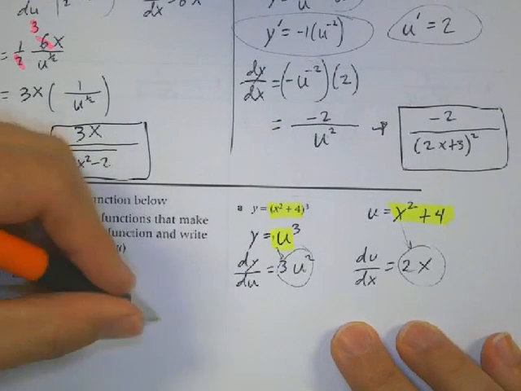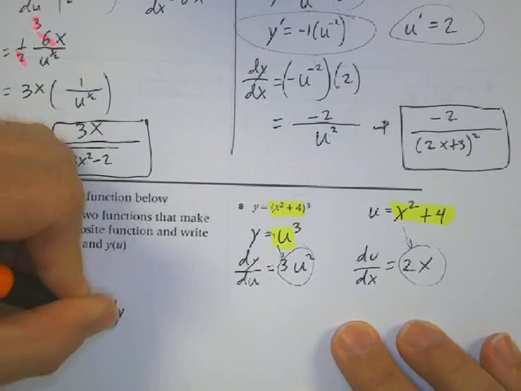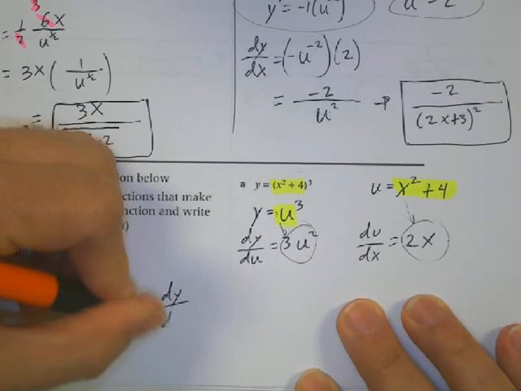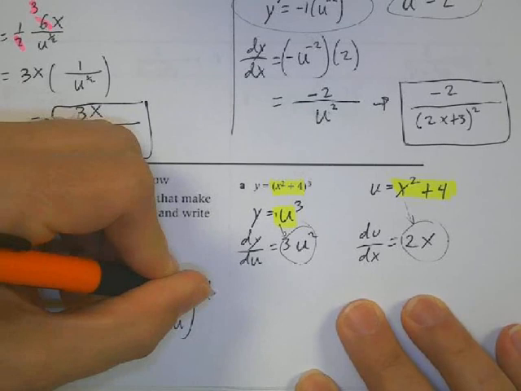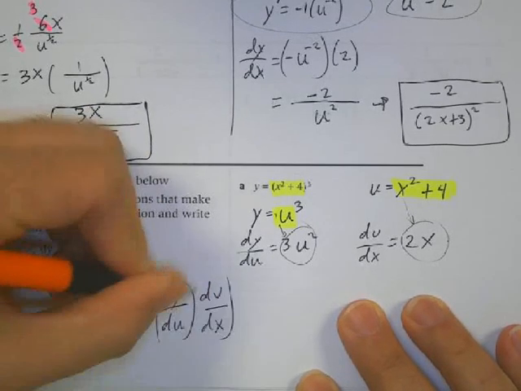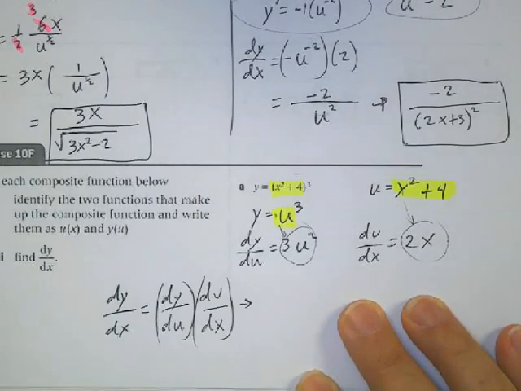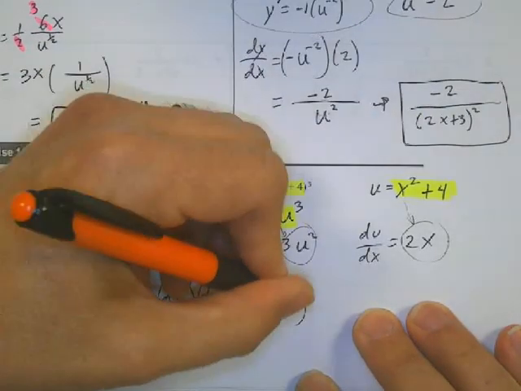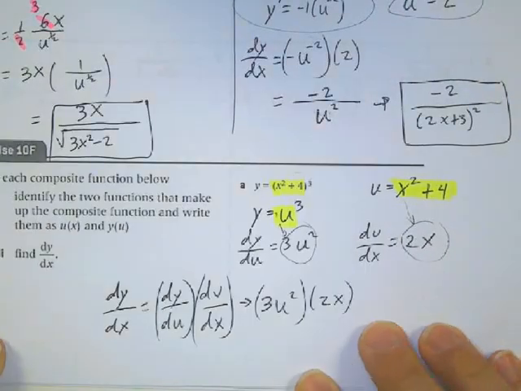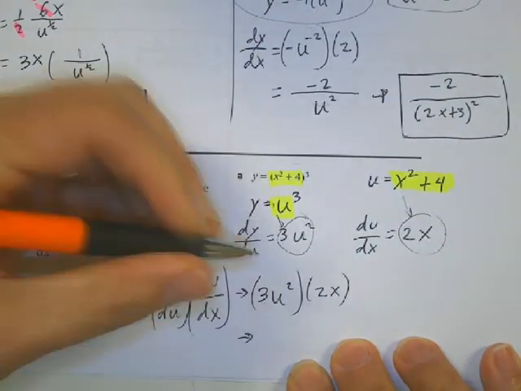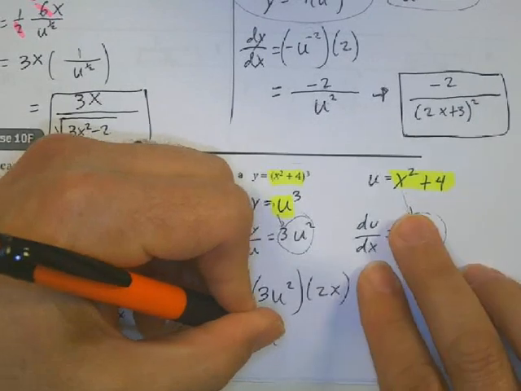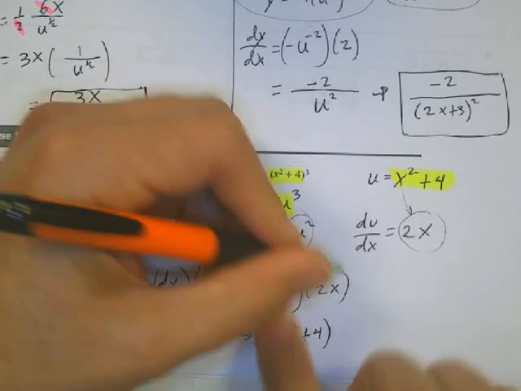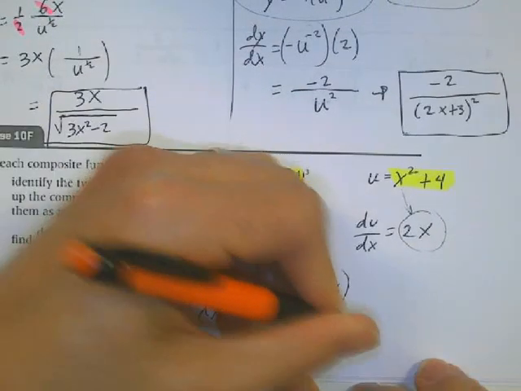And we know that dy/dx is equal to dy/du times du/dx. So that's 3u squared times 2x, which gives us 3 times (x squared plus 4) squared times 2x, right?